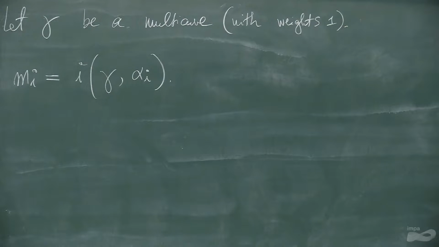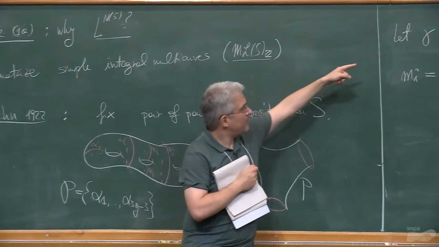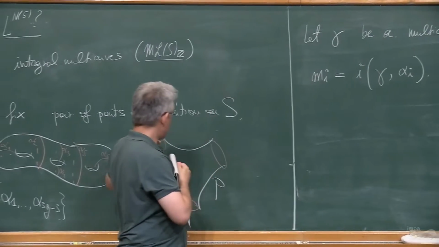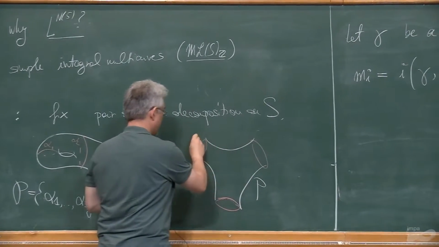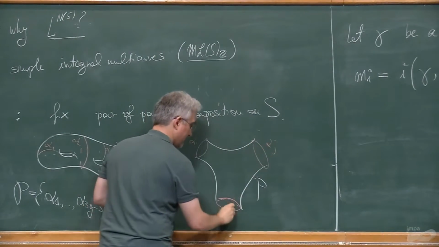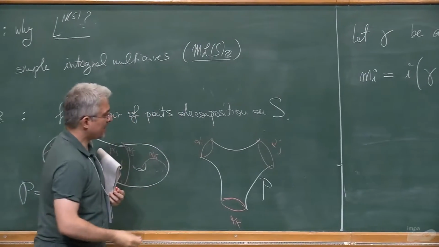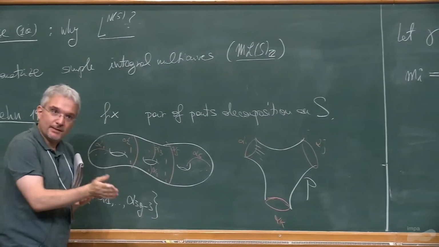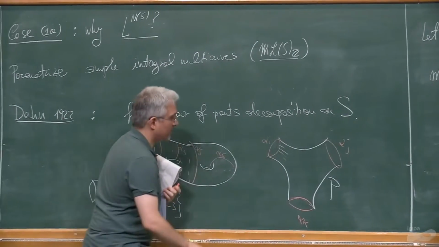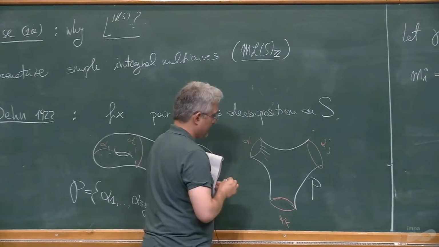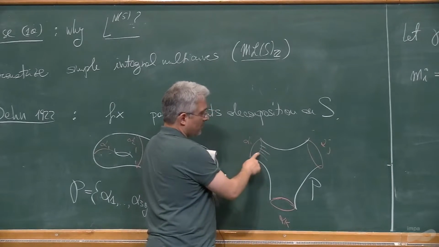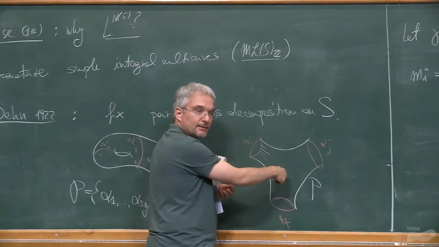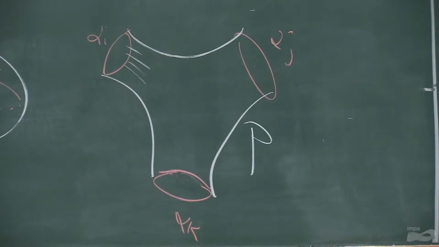Now this is telling us how many component pieces of gamma are entering. So if this is alpha_i, alpha_j, alpha_k, m_i is telling us how many things are entering. But now we also want to know what is happening inside of the pair of pants.